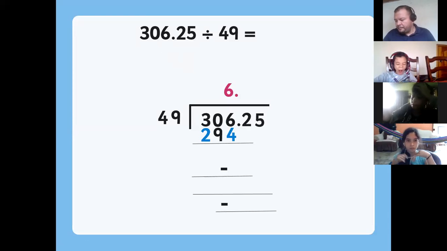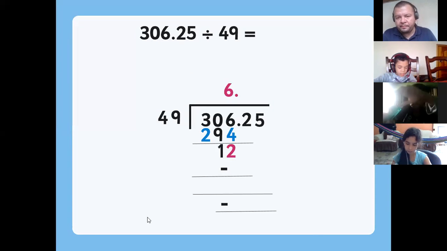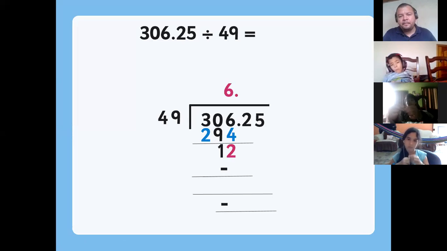Okay. Continue. Now what are we going to do? We make that subtraction. 6 minus 4 is 2. 30 minus 29 is 1. What do we have to do? We bring down the number 2.